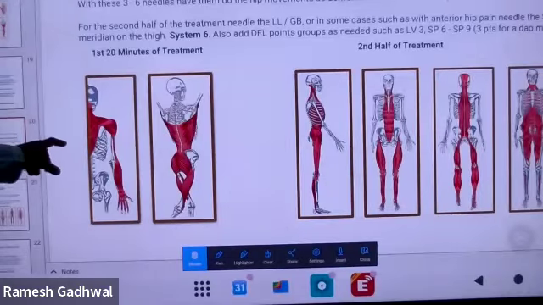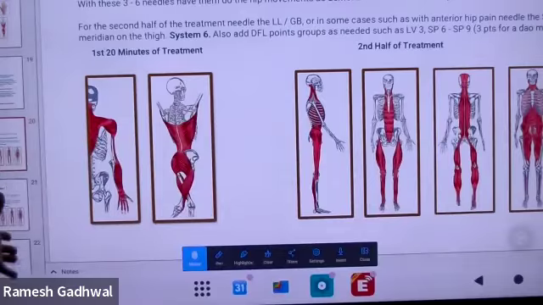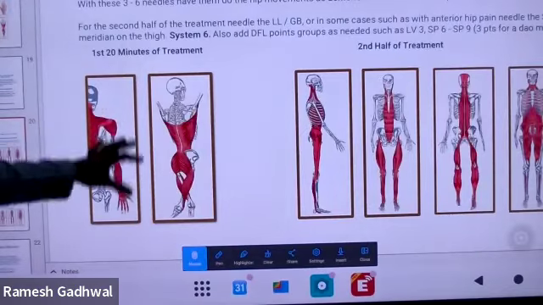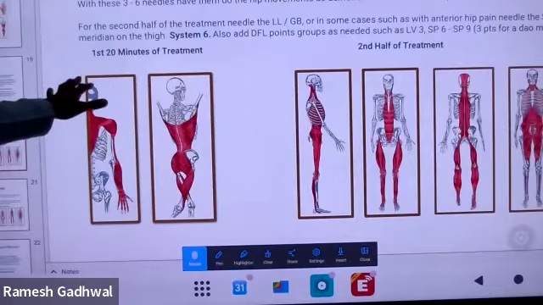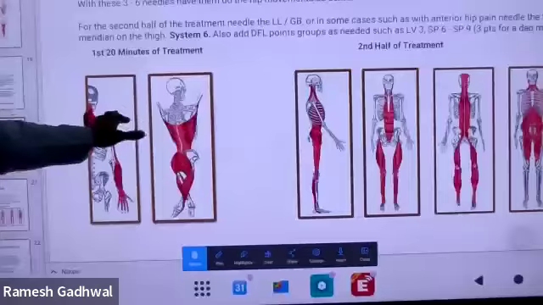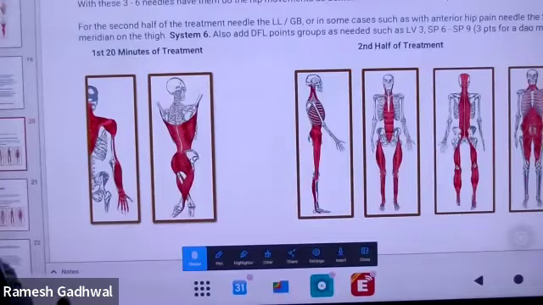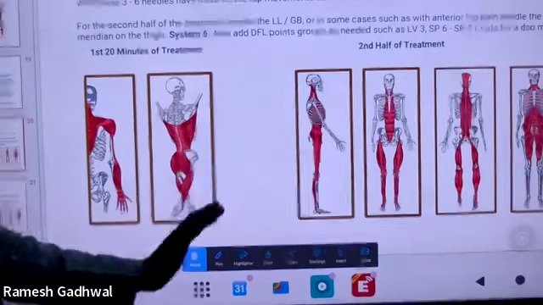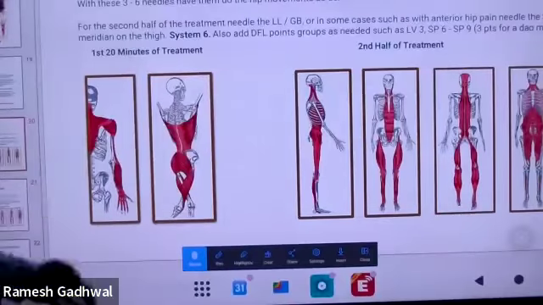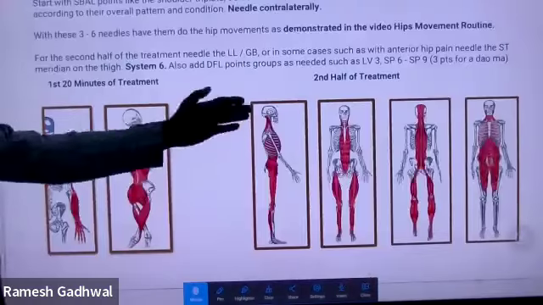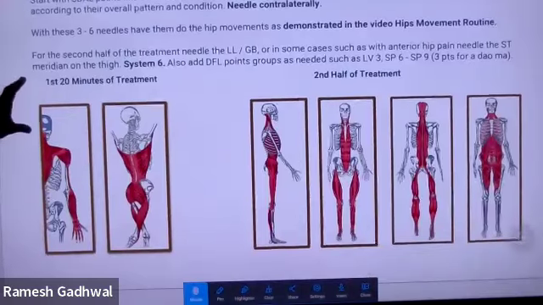First 20 minutes of treatment and second half of the treatment. First, put the needles in for the first 20 minutes. After 20 minutes, you put the second half treatment. On first, you put needles here. Then on second, you put needles on the front and hip line.